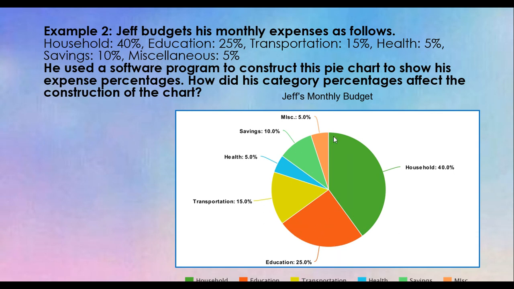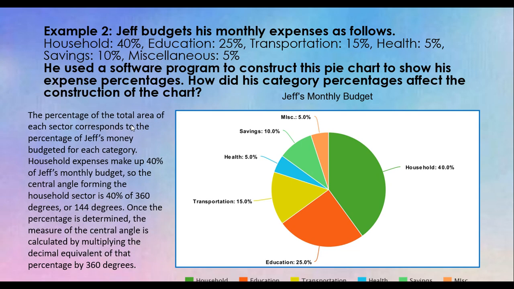So it has to be proportional to the percentage, right? That's how the category percentages affect the construction of the chart. The bigger the percentage, the bigger the slice of the pie. The smaller the percentage, the smaller the slice of the pie, right? And they're all proportional. Like if this is 10%, this is exactly half of that. If this is 5% and this is 5%, these two put together are the same amount as the savings, right?